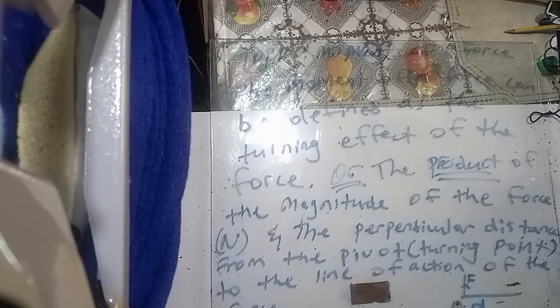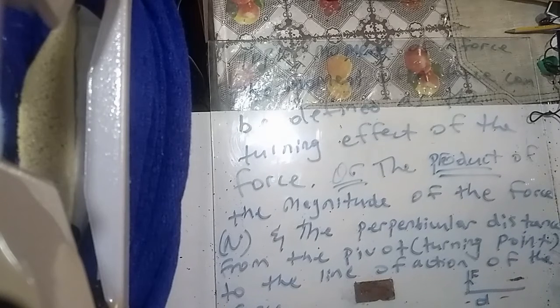And it must be from a distance that is 90 degrees away from it. Okay? You seeing that? 90 degrees away from it. So that is moments of a force defined. Not just the force, but the force multiplied by the distance, 90 degrees away from it.